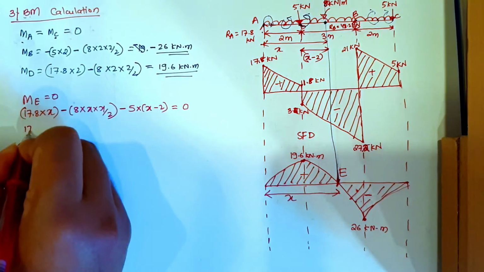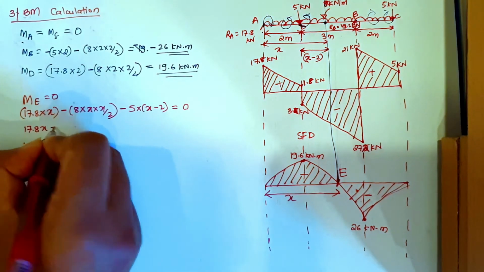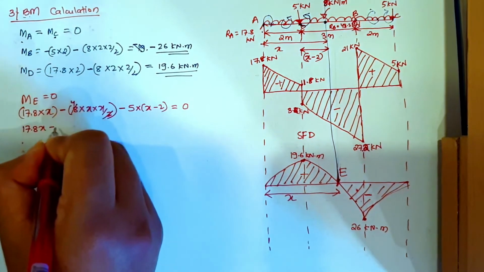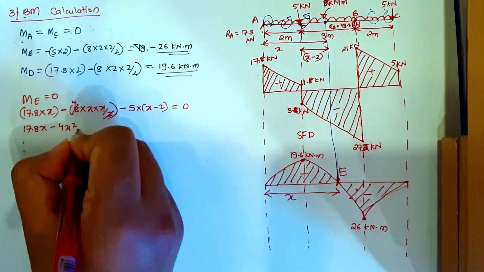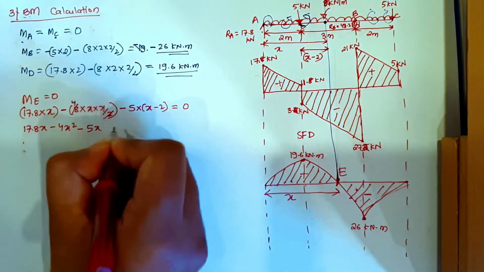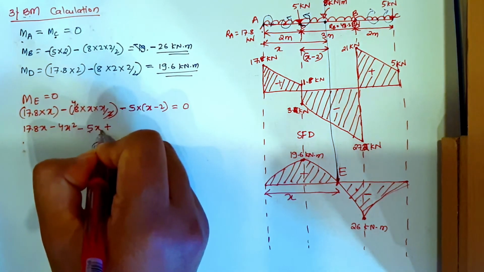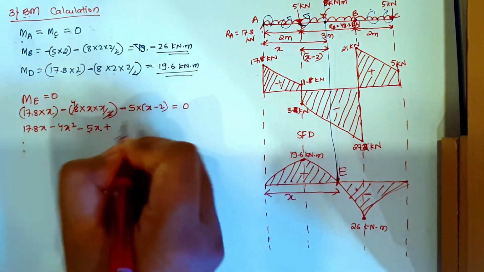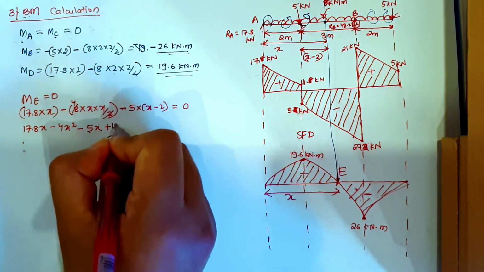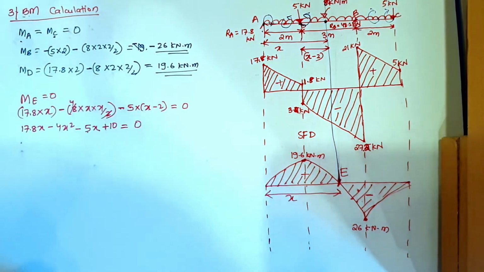Now if you solve this, it will be 17.8x minus, cancel this, it will be 4x square minus 5x plus, minus 5 into x is minus 5x, minus minus is plus, 5 into 2 is 10, equals to 0.